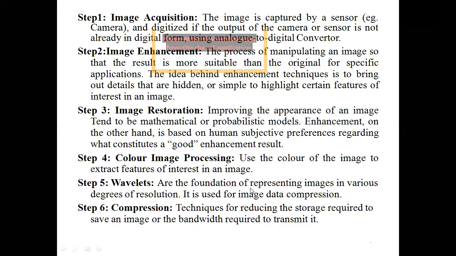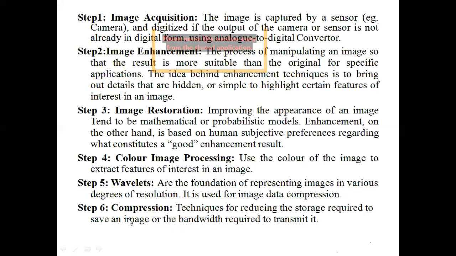These are the foundation of representing images in various degrees of resolution. It is used for image data compression. Wavelets means multi-resolution. Okay. Next, compression. Compression means techniques for reducing the storage required to save an image or the bandwidth required to transmit it.